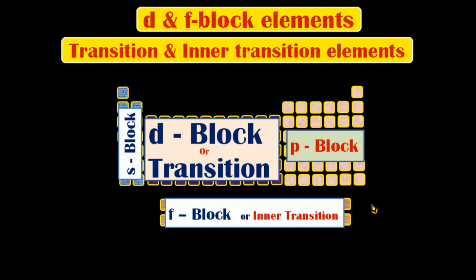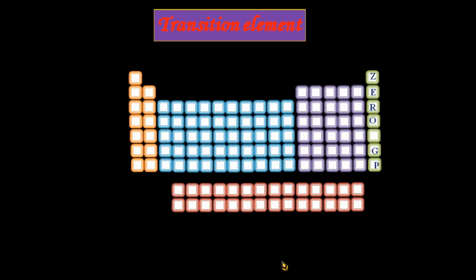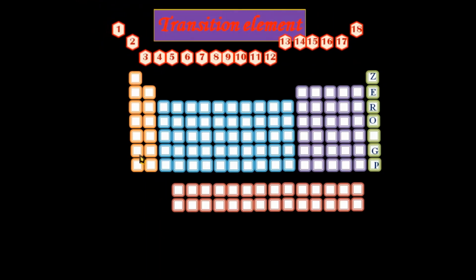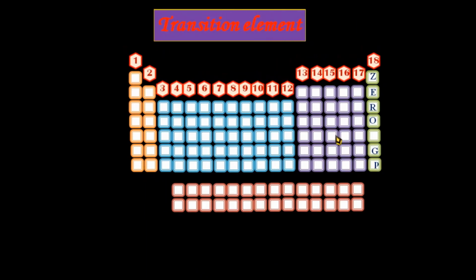In this unit, we shall study the chemistry of D and F block elements, that is the transition and inner transition elements. The D block elements are called transition elements because they possess properties that are transitional between S and P block elements.